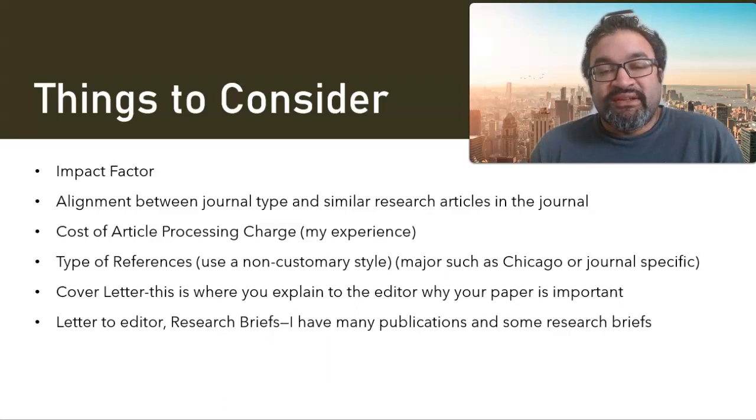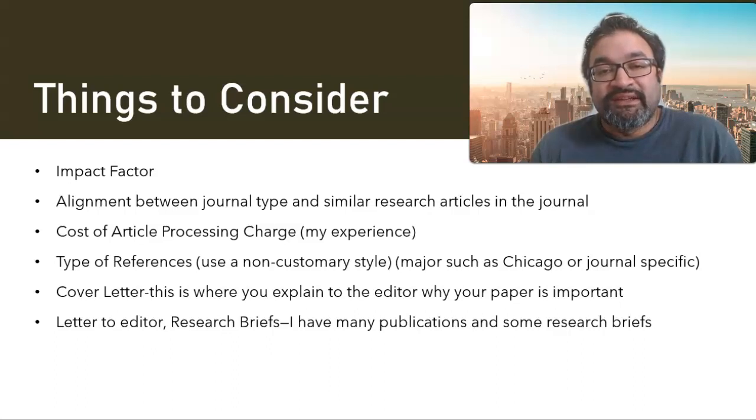Another one is you have optional open access, which means that you have the option of selecting open access for a fee, or you have the option of selecting closed access, and you get to publish your article free. So those are the two types of article processing charges.